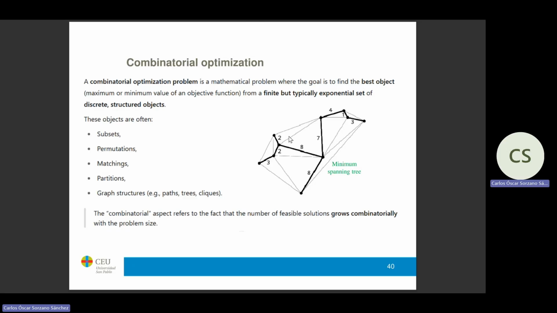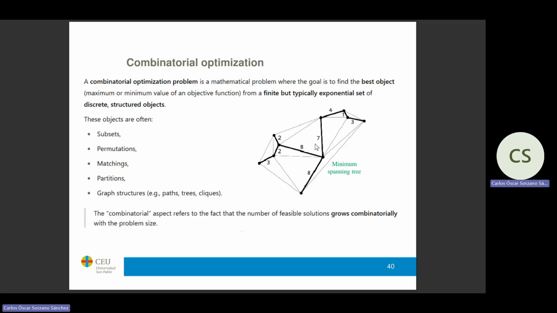And here you have an example. Let's say that you are given this graph, and each one of the edges has some value, some cost, and then you want to find what is the subgraph that goes over all nodes with minimum cost.